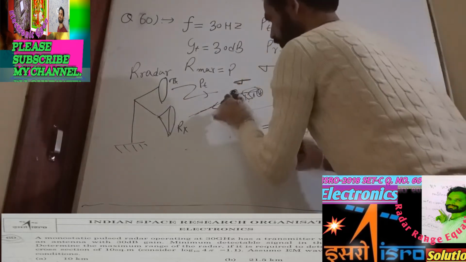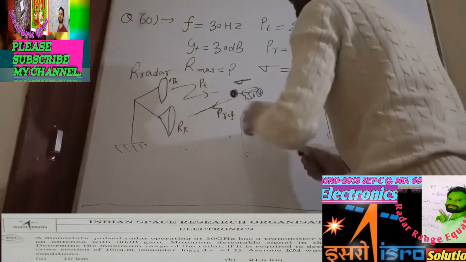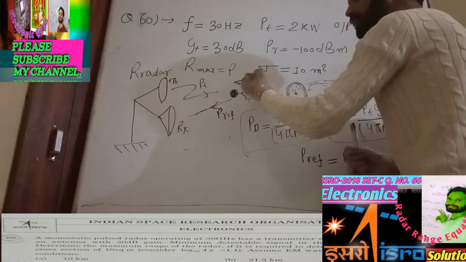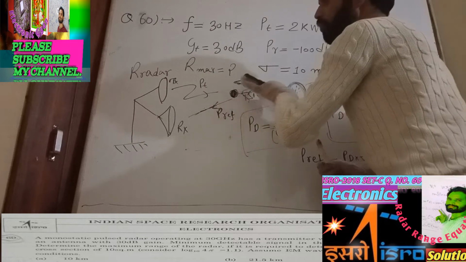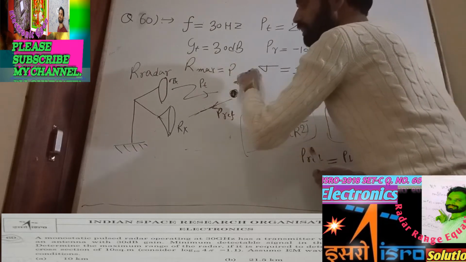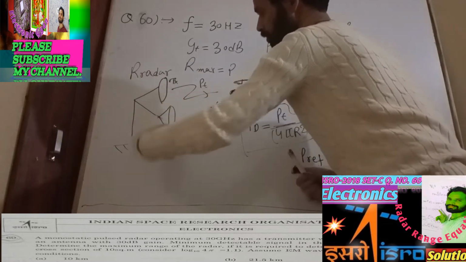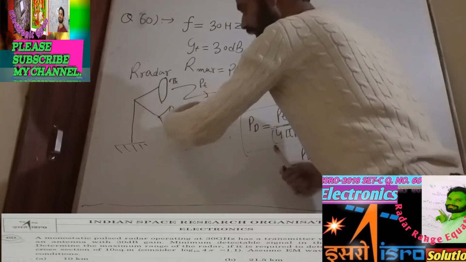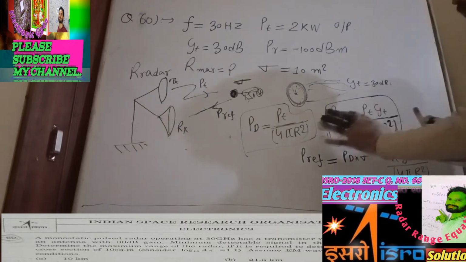Reflected power is the power of the echo signal. Whatever power is transmitted is very large, in the order of kilowatts, and whatever power is received by the receiving antenna is in the order of nanowatts or picowatts.